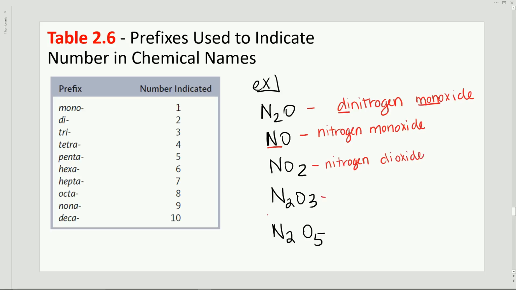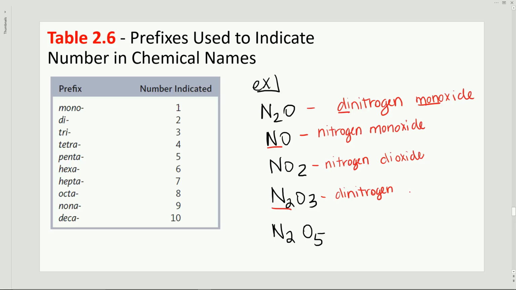Next example, now we have 2 nitrogens and 3 oxygens. So we're going to call it dinitrogen. We use the full element name for the first atom, and then the second atom we name as if it were an anion. So remember that's using the root of the element and adding IDE.